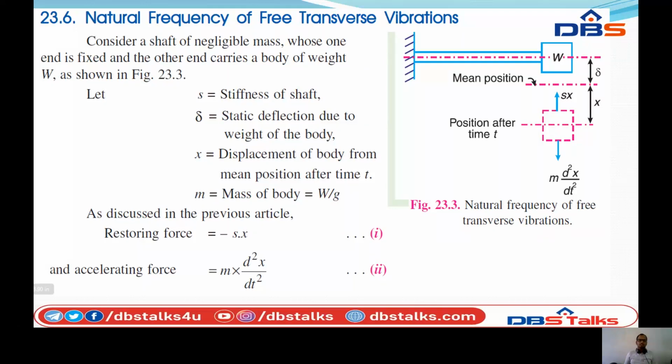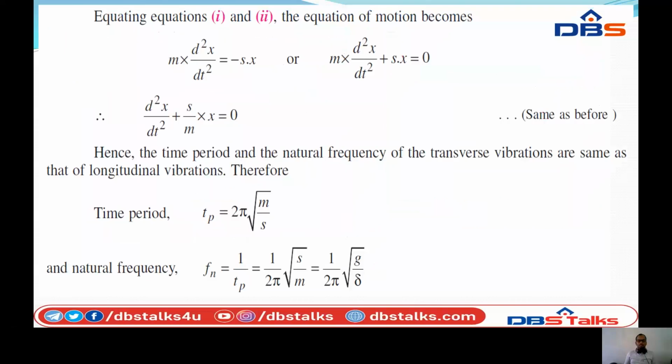These things we discussed in the previous class on free longitudinal vibrations. If you equate these two, m d square x by dt square is equal to minus Sx, or m d square x by dt square plus Sx is equal to 0. Both are the same.